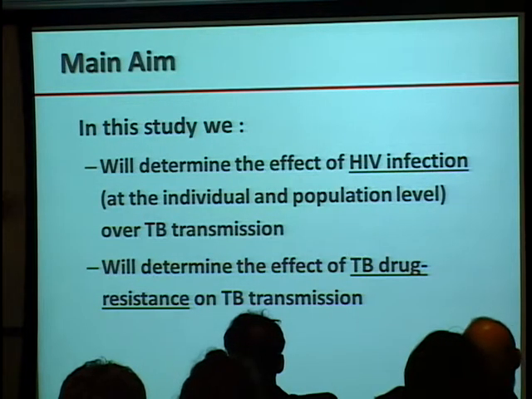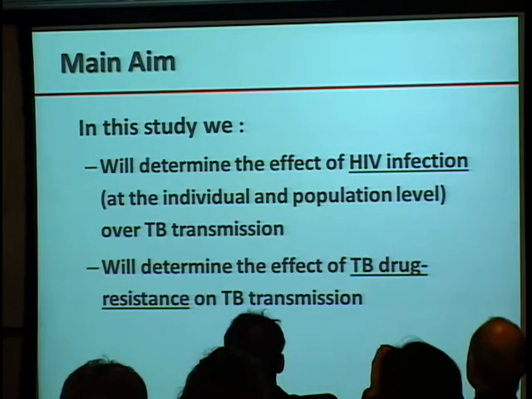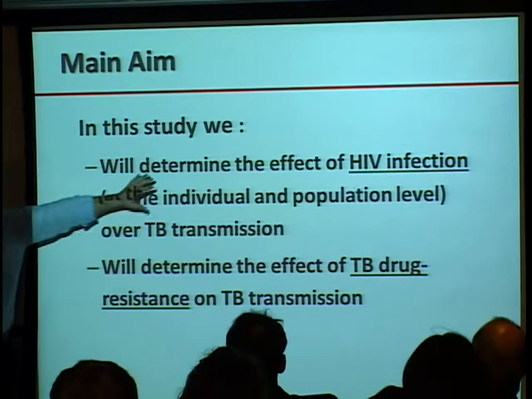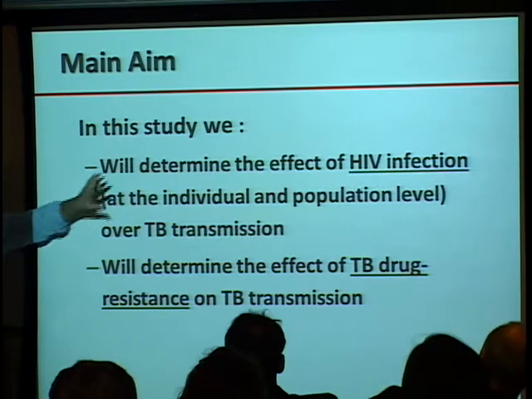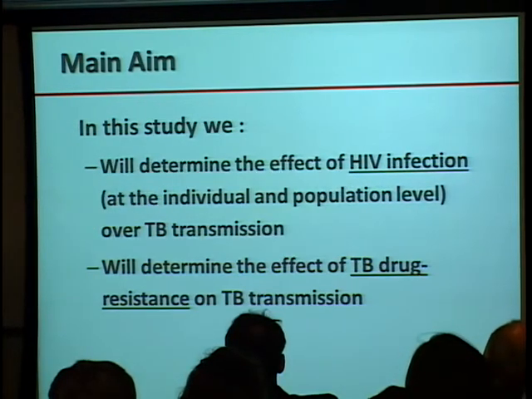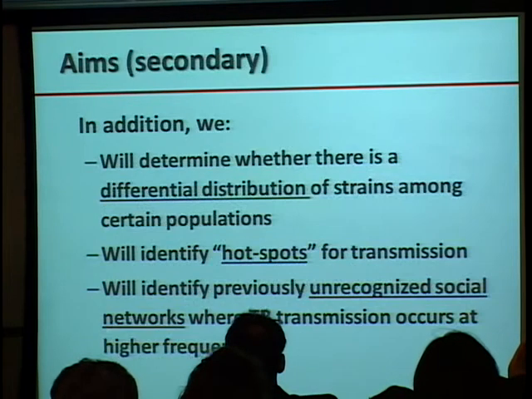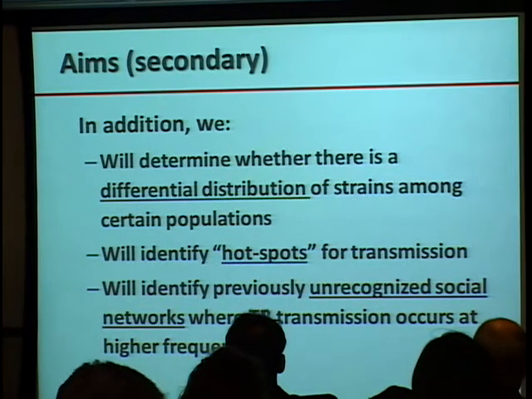So the main aim of the study is a very simple study, but very complicated logistically. You will see. It is to determine what is the effect of HIV infection and the effect of TB drug resistance over a TB epidemic.